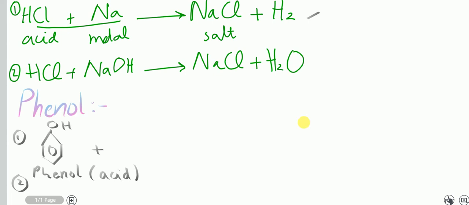We're going to react it with a metal, which in this case is sodium, and we're going to get the same reaction that we did before, kind of like the same.